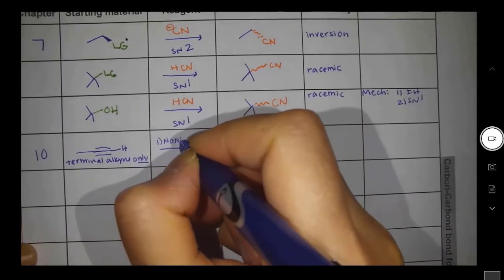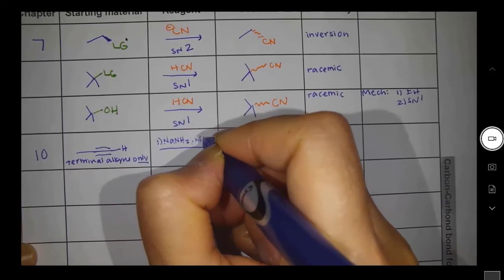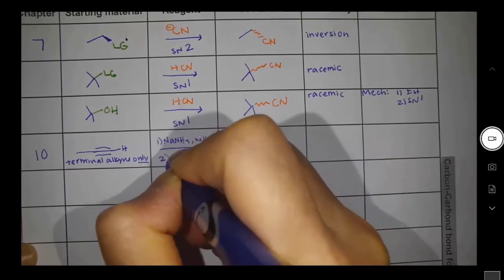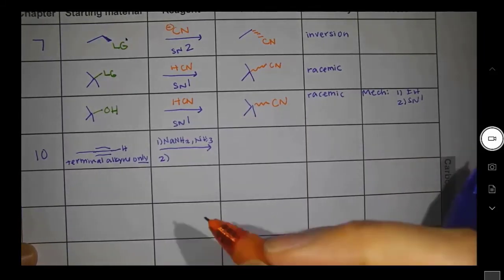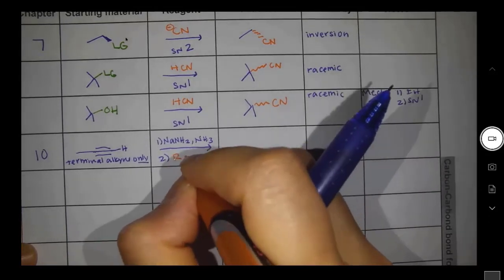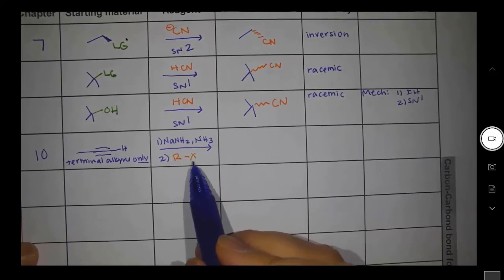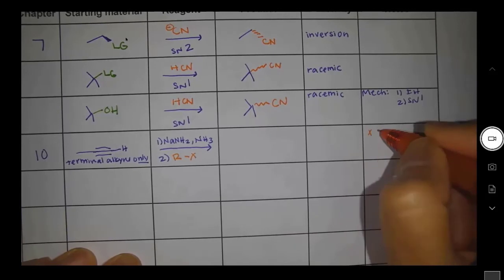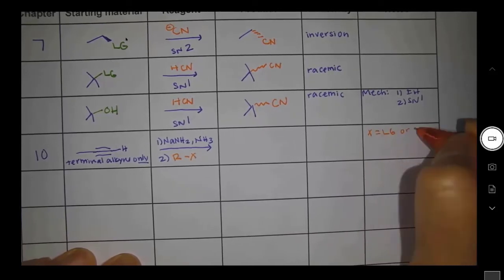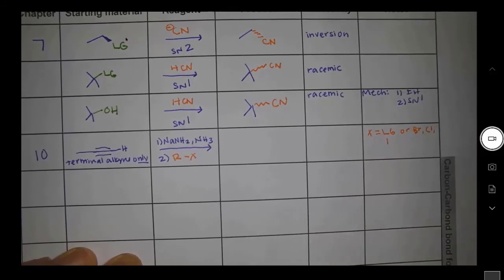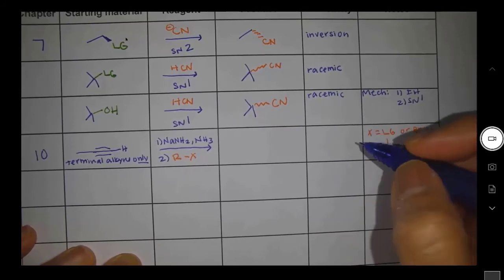So this involves that base NaNH2 in ammonia. And this can be any alkyl halide. So we'll have a carbon group plus a leaving group, where X is whatever leaving group. So any of those Br, Cl, or I. And R must be primary or secondary.